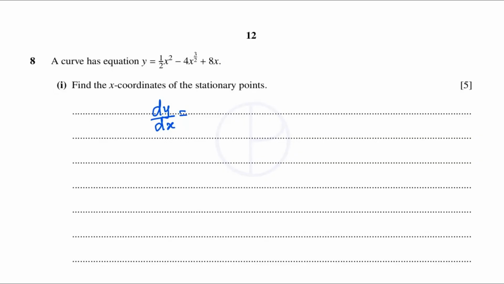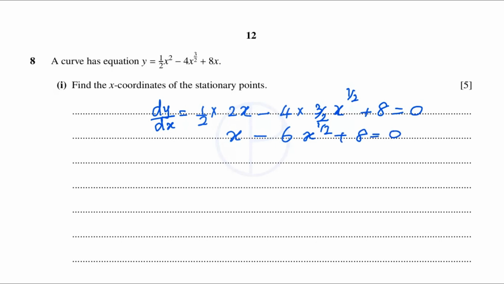Dy by dx is 1 over 2 times (2x minus 4) times 3 over 2 times x power 3 over 2 minus 1, which is 1 over 2, plus 8, and this is equal to 0. Let's simplify this one. 2 gets cancelled, so 2 goes into 4 two times, so 2 into 3 is 6, x power minus 1 over 2 plus 8 equal to 0.